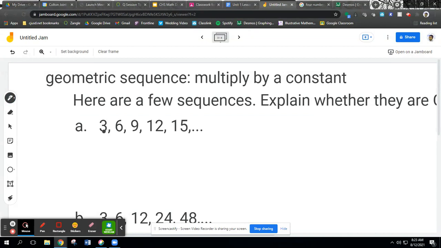So looking at this one, I've got to think, well, 3 times 2 would be 6. But then when I go times 2 again, 6 times 2 does not equal 9. So this doesn't follow that rule. So this is not a geometric sequence because, well, really the pattern that I see is happening is we're adding 3 over and over again.